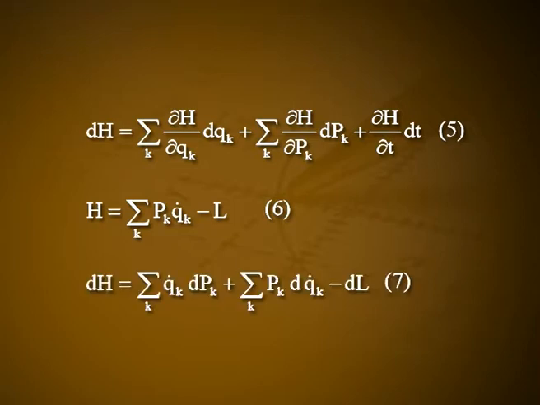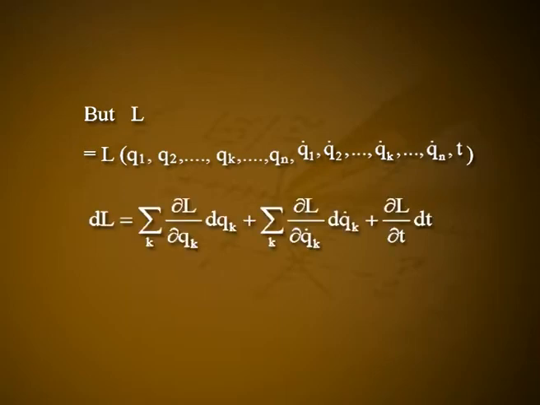dH = Σk qk dot dpk + Σk pk dqk dot − dL. Let it be equation number 7. But L = L(q1, q2, ..., qk, ..., qn, q1 dot, q2 dot, ..., qk dot, ..., qn dot, t). dL = Σk ∂L/∂qk dqk + Σk ∂L/∂qk dot dqk dot + ∂L/∂t dt.